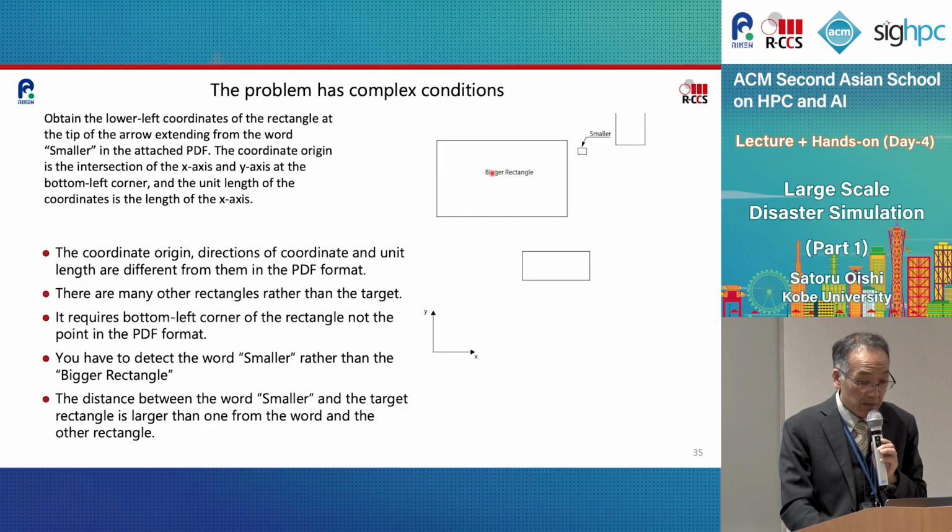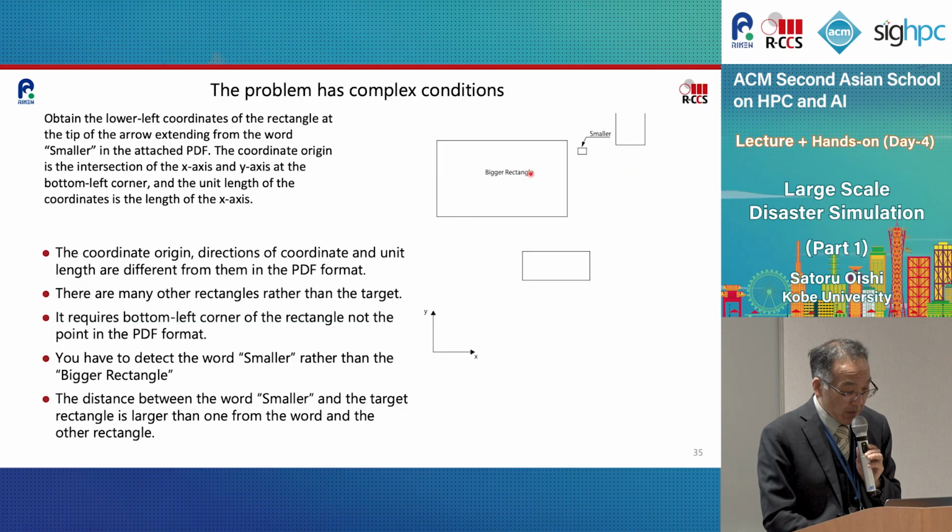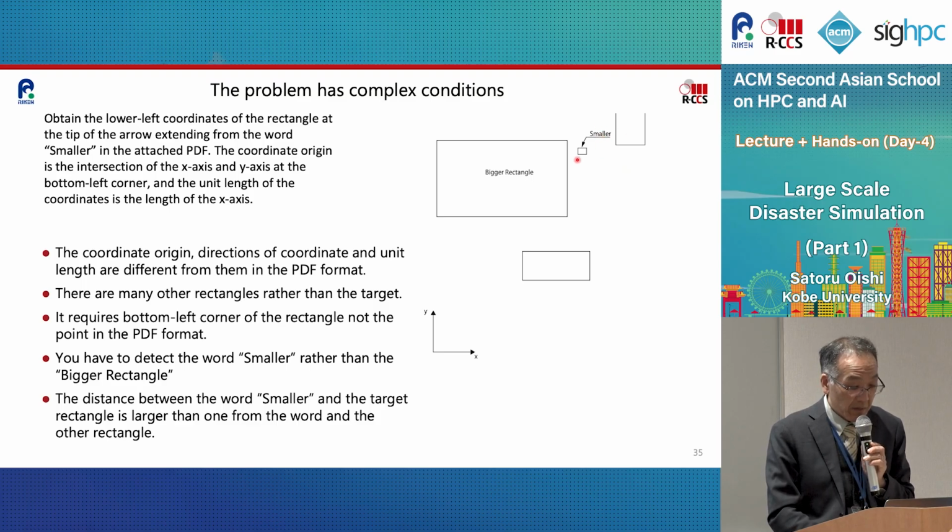It is a puzzling word, so you have to detect smaller. And the distance between the word smaller and the target rectangle is somehow farther than the distance between smaller and the other rectangles that are not the target.